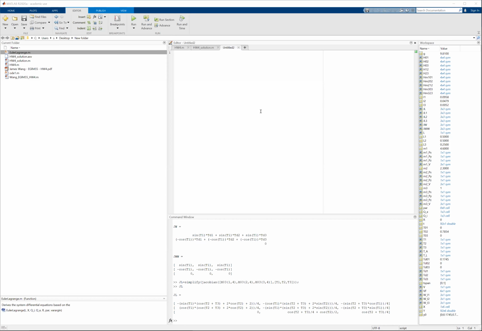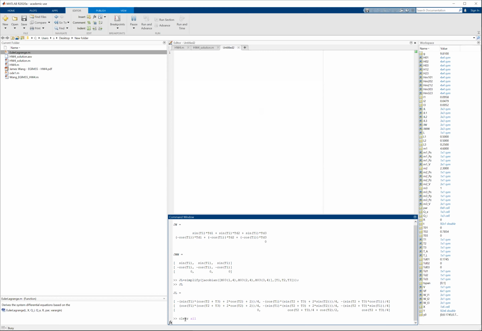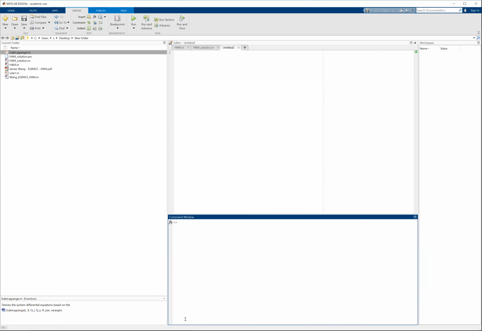Okay, now you should be able to see my MATLAB screen. Again, I'm going to go very slowly, and if you have any questions, please ask me in the chat window.